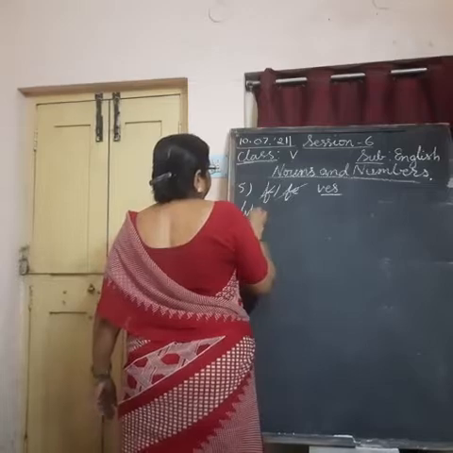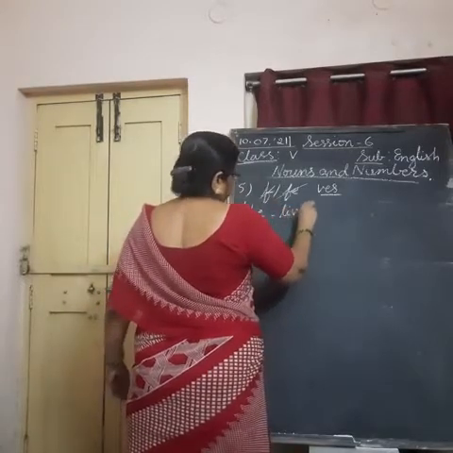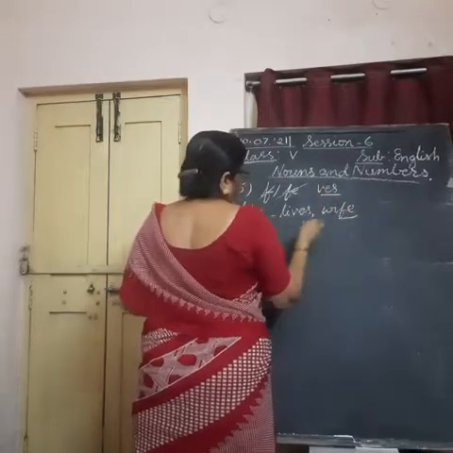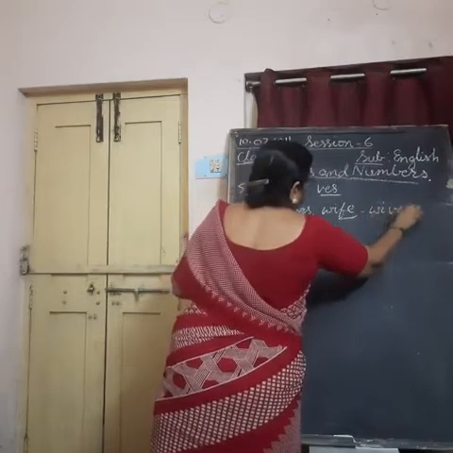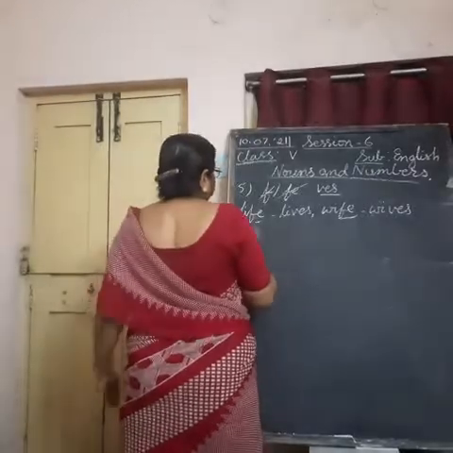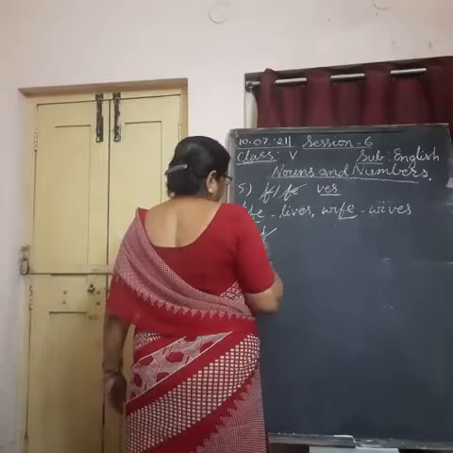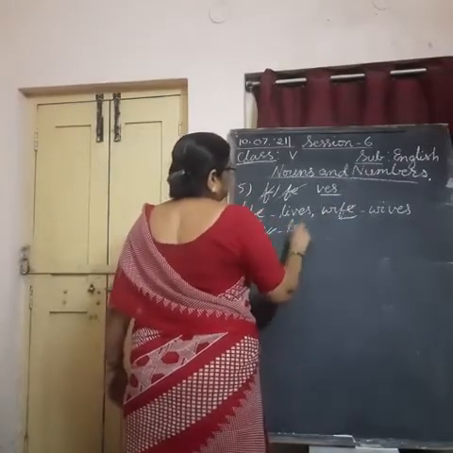Life, fe, lives. Wife, fe, wives. Knife, fe will be there. We are writing ves. Whereas leaf, we are changing into leaves.